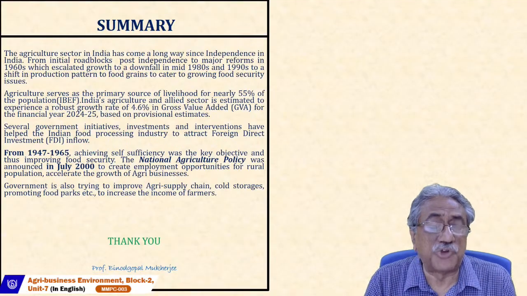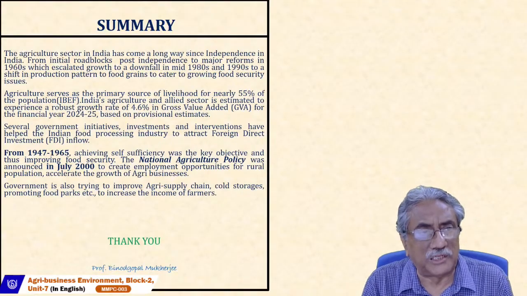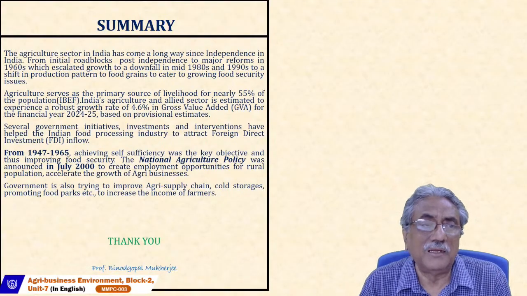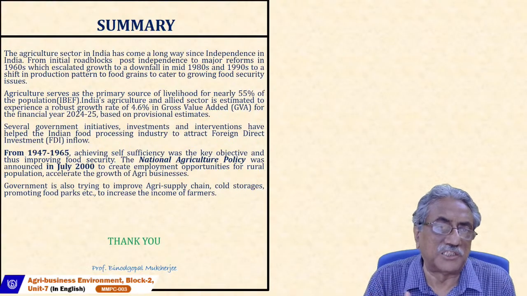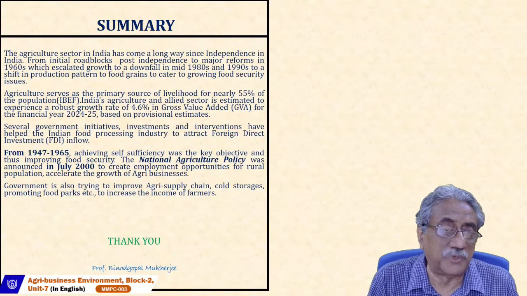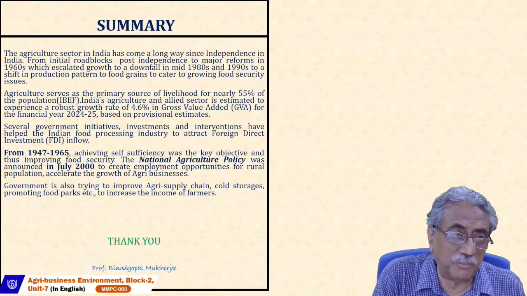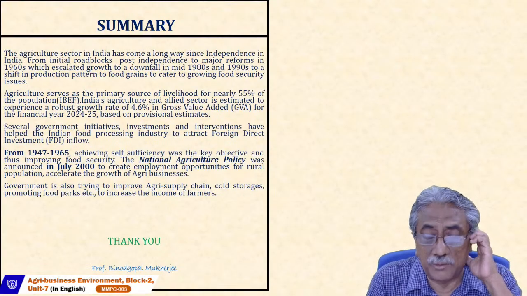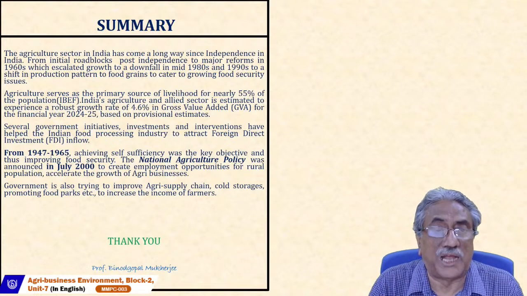The government is trying to develop the food processing sector so that it can absorb the agricultural produce. They are creating a lot of food parks, agricultural supply chains and cold storages, and promoting food parks in Punjab and other places, so that tomato can become tomato sauce, maize can become popcorn, and many millets and small items can be packaged and sold at a higher price.